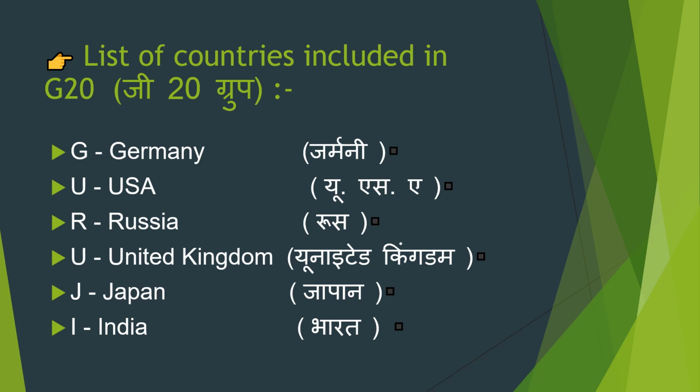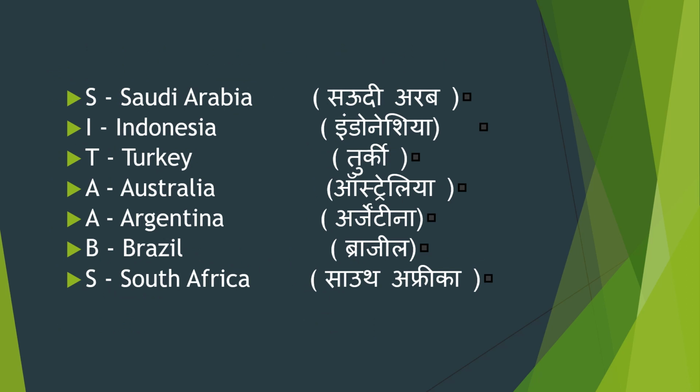Next is U, as in United Kingdom. J stands for Japan. I stands for India. Next, from S, it is Saudi Arabia. From I, it is Indonesia. T, it is Turkey. A, as in Australia here.